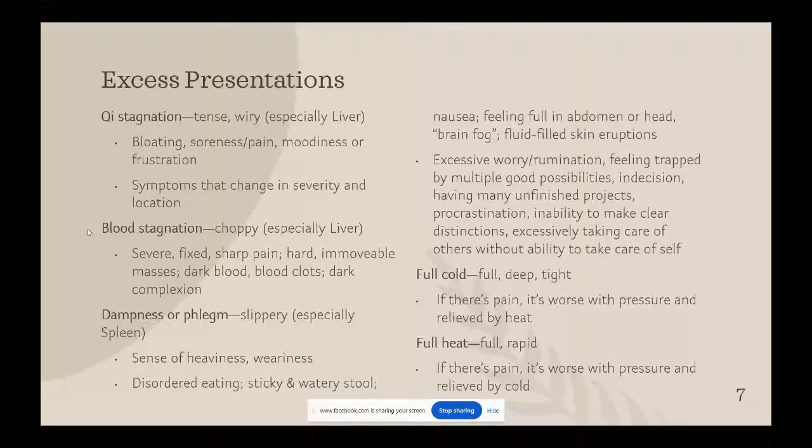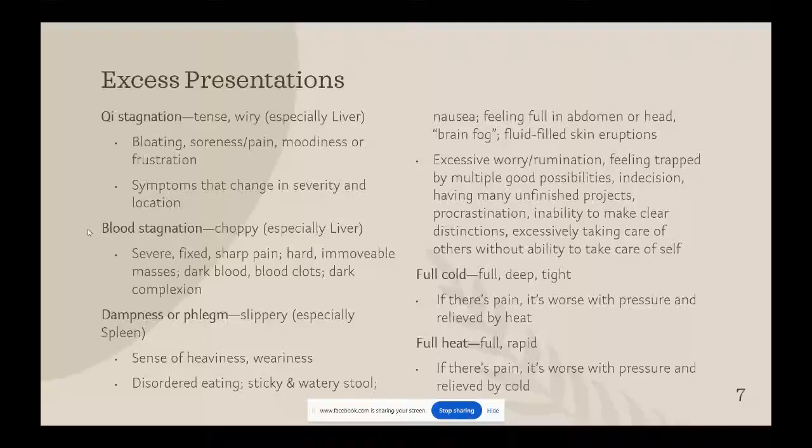It could also cause menstrual issues like blood clots or pain, especially premenstrual cramps, which are indicative of blood stagnation. And also a darkness to the complexion, as well as the tongue, which could be a dark purple or red.